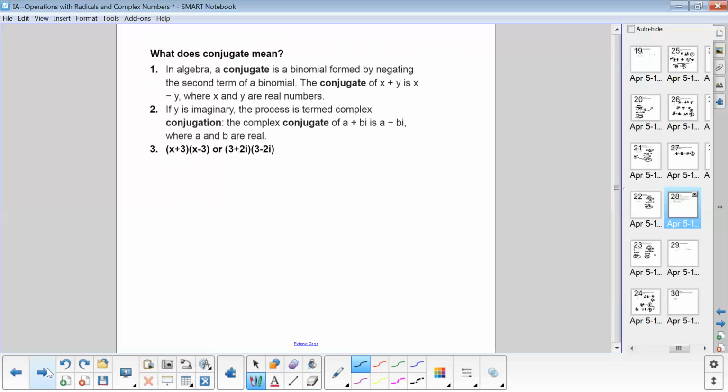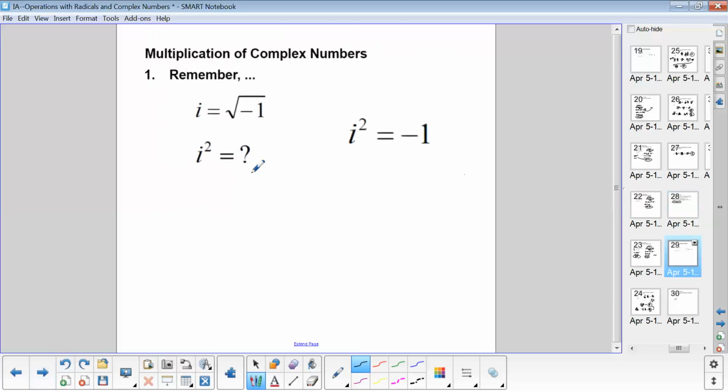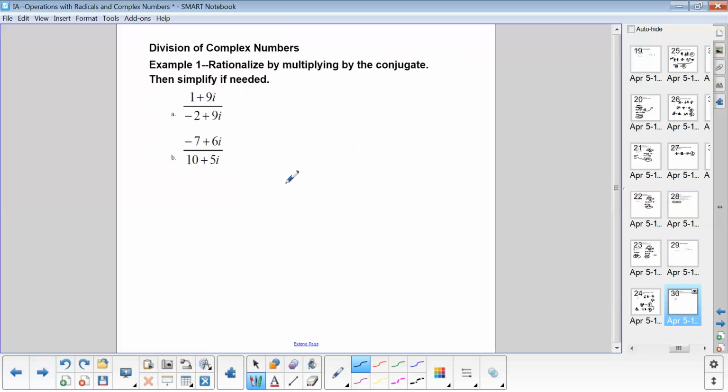Conjugates. We talked about conjugates in our first unit, and that's when you have the same terms, just with a positive or negative. Well, we can have the same thing using imaginary numbers. So we know i squared is -1. So 1 plus 9i divided by -2 plus 9i.